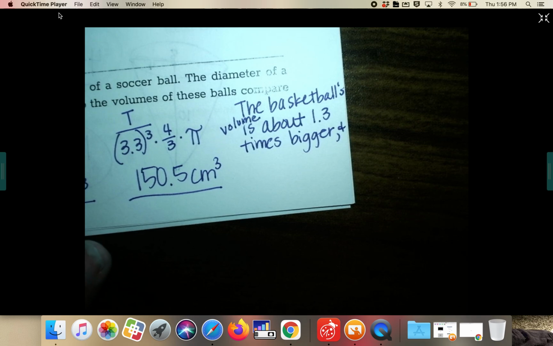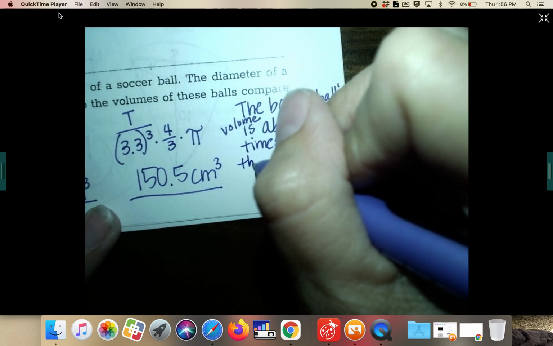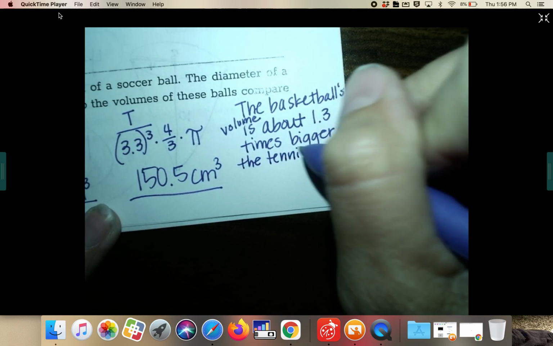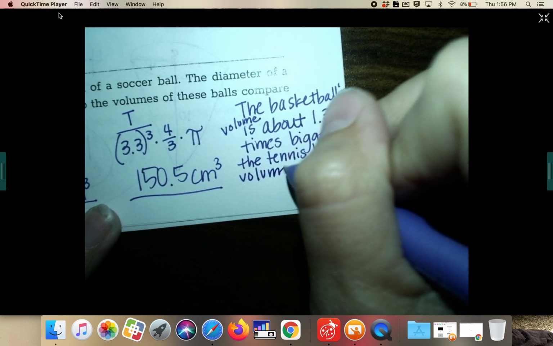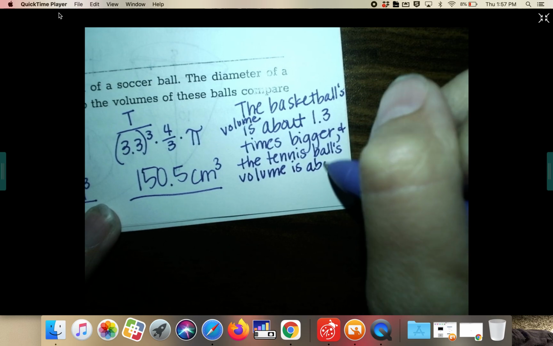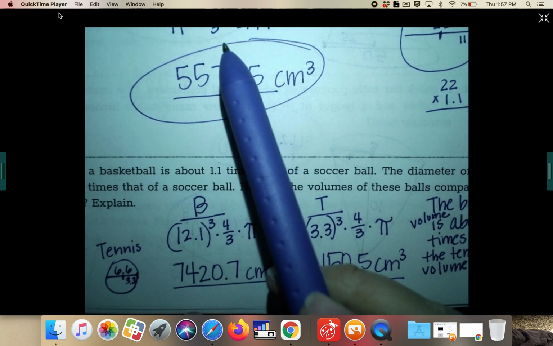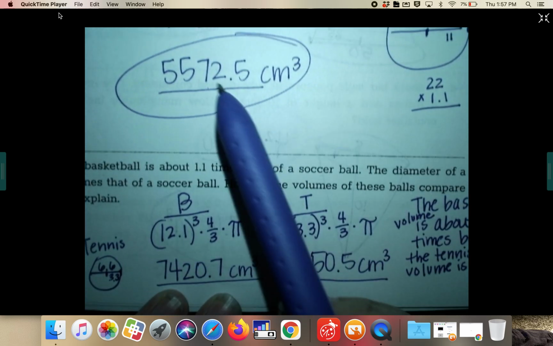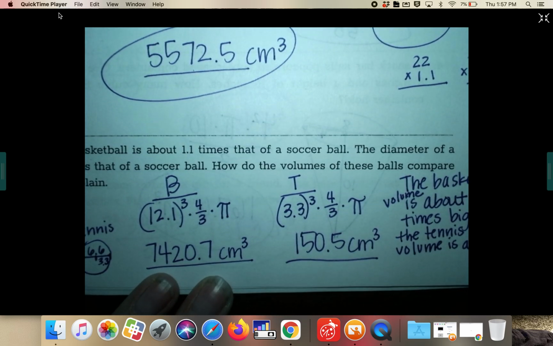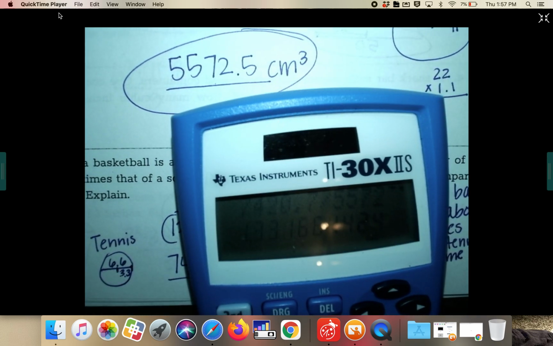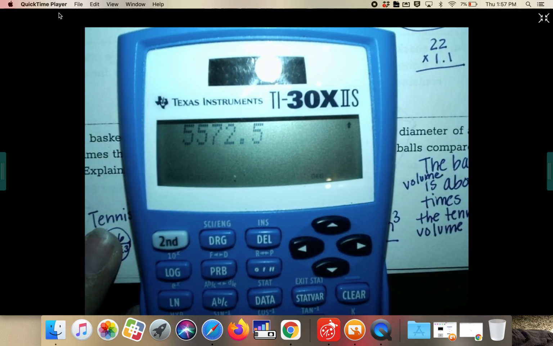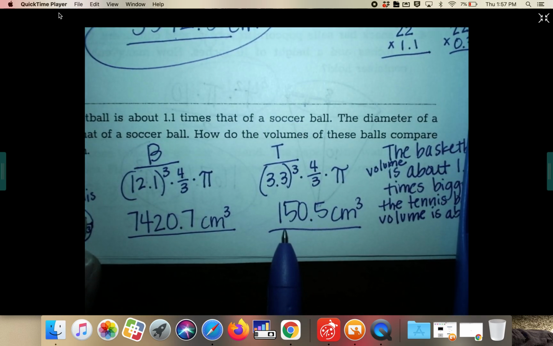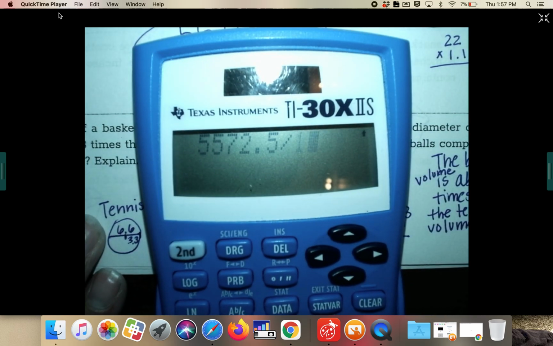And let's talk about the tennis ball. The tennis ball's volume is about, we know it's going to be smaller. Let's see how much smaller it is. So when you're dividing, you always take your bigger number first. And obviously, this one is bigger than this one. So I'm going to take 5572.5, and I'm going to divide it by our tennis ball, which is 150.5.